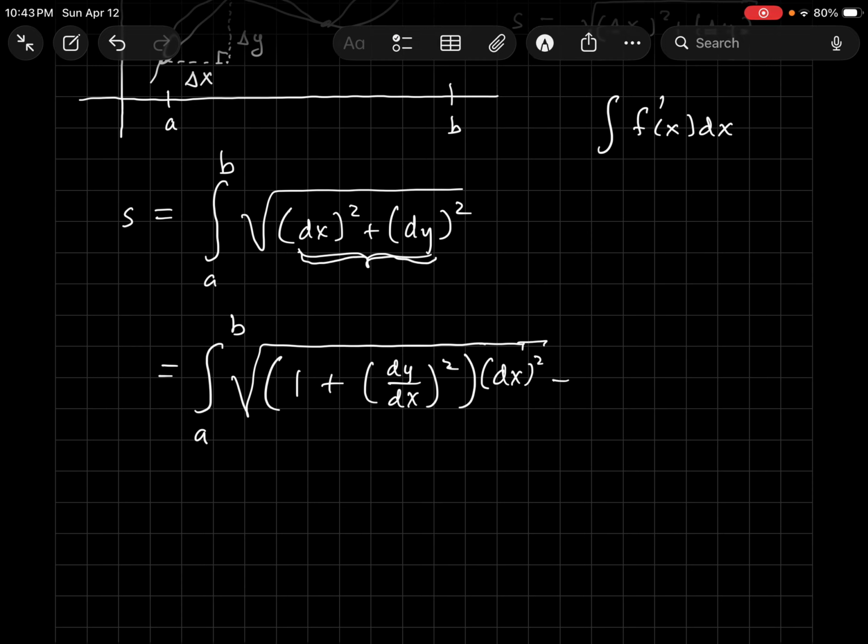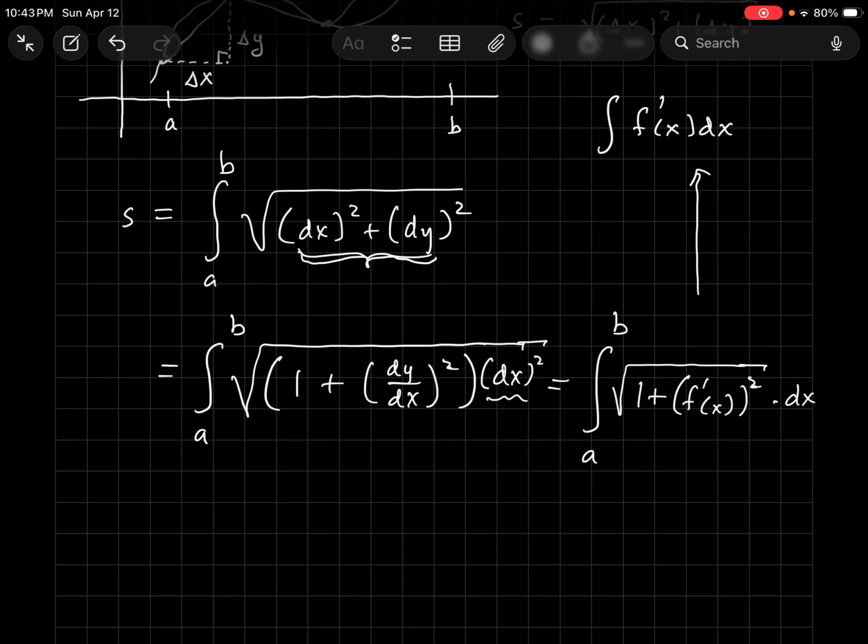Now, if I keep going, simplifying it a little bit more, we get the integral from a to b of the square root of 1 plus dy dx squared, which we usually write as f prime of x squared for whatever reason when we're doing arc length. And then back here we have dx squared square rooted, so we can bring that out as dx. And now we have a format that we can use, or at least one that looks familiar, for which we have formulas to use.